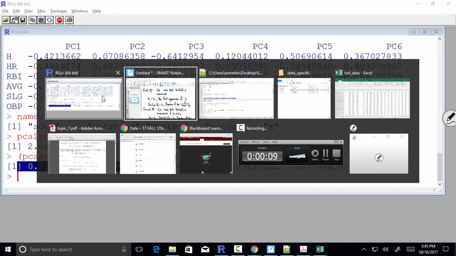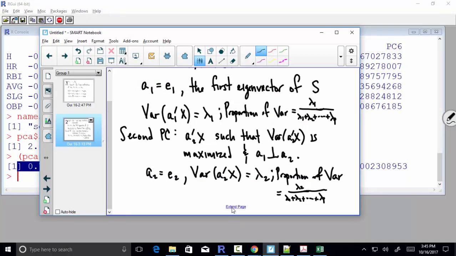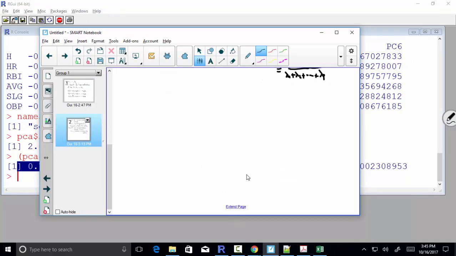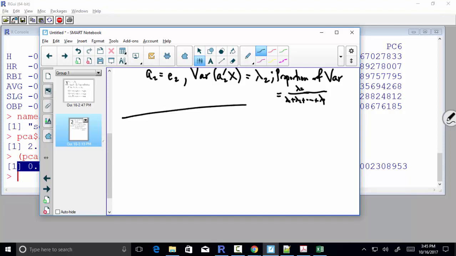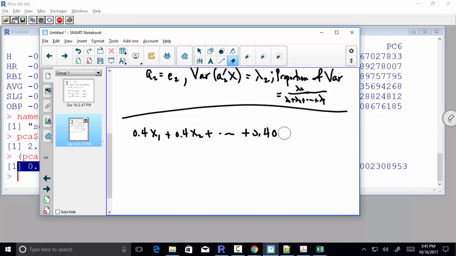So if all the coefficients are equivalent, if they're all the same, then it's like you're just doing 0.4 times hits plus 0.4 times home runs plus 0.4 times on-base percentage, and so on.